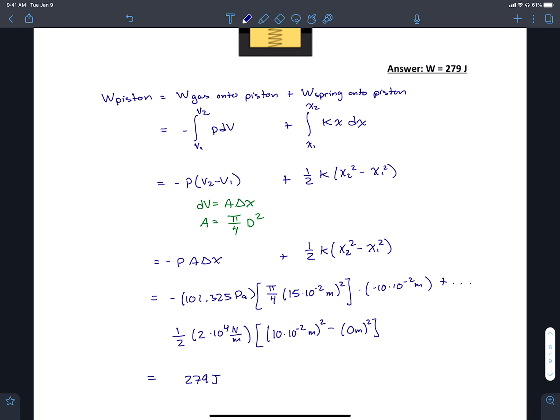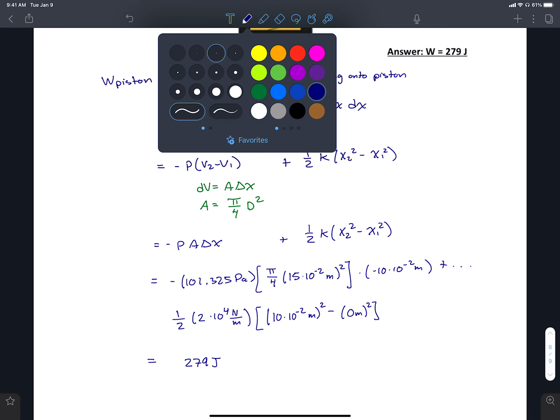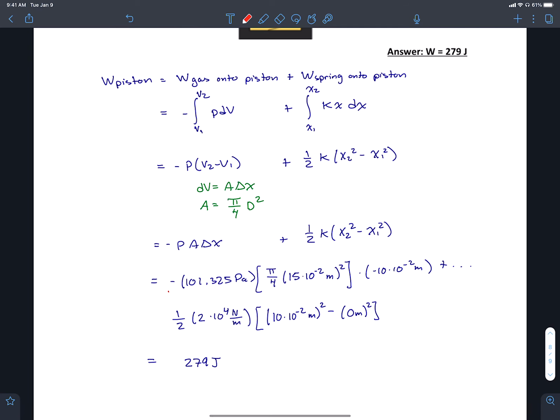Does anybody have any questions regarding any of the problems that we did today? Is that a negative in front of the negative k? You mean this right here? Oh wait, no. Sorry, this is a multiplication. This is a times. Okay, yeah, sorry, my dots, my apologies for that.